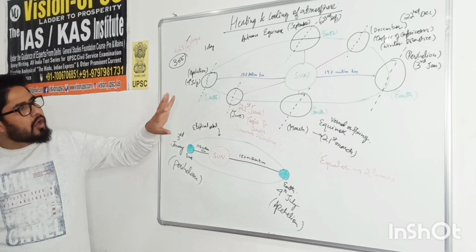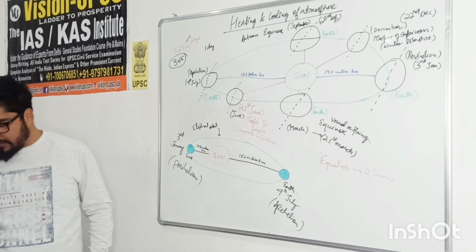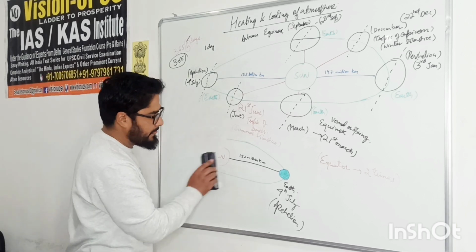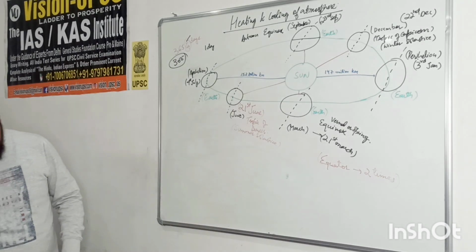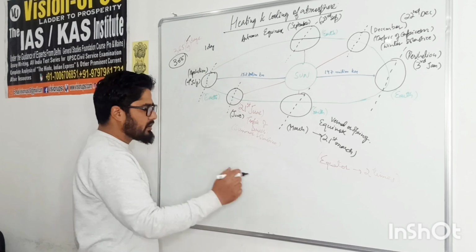ठीक है? And on an average, we are getting a figure when we estimated how much solar radiation Earth receives.